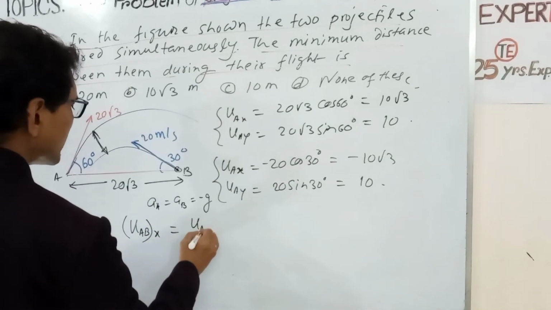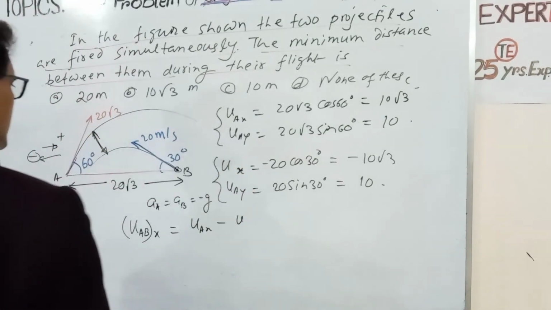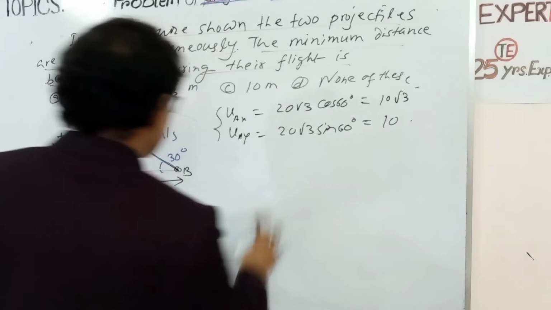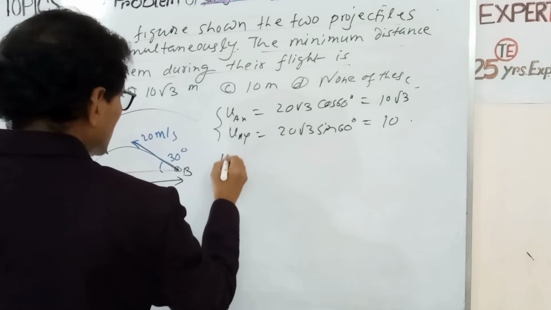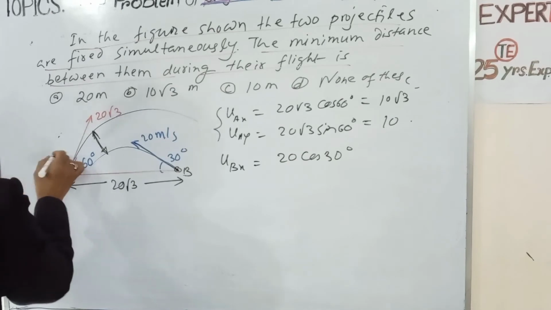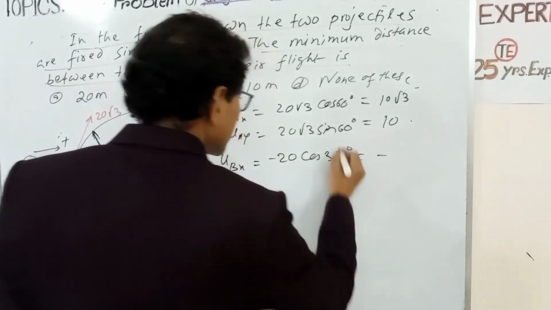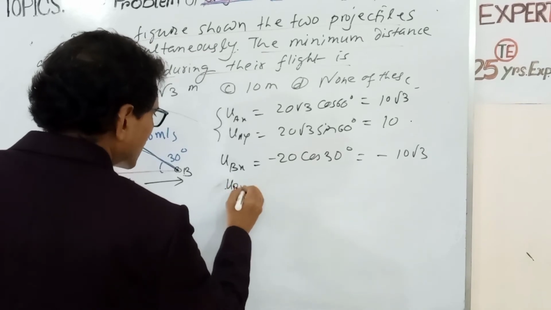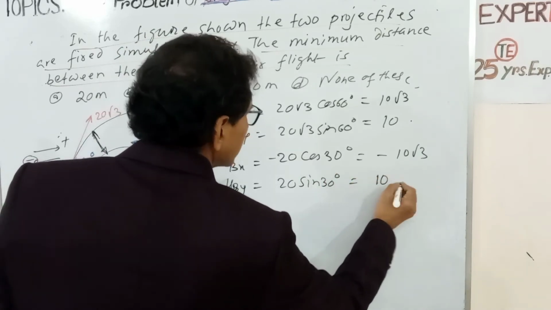Uab along x means uax minus ubx, and the velocity of B along this direction, ubx, as this is taken as positive and this is negative, is minus 10 root 3, and the velocity along the y direction will be 10.